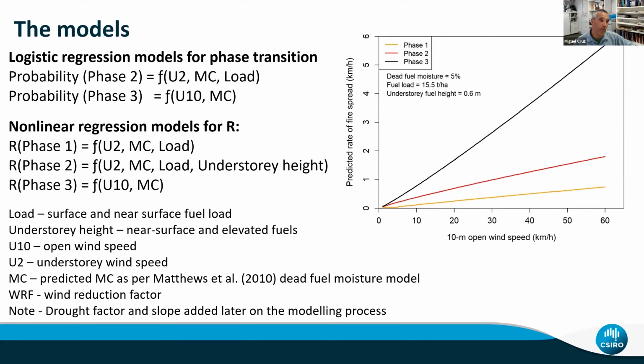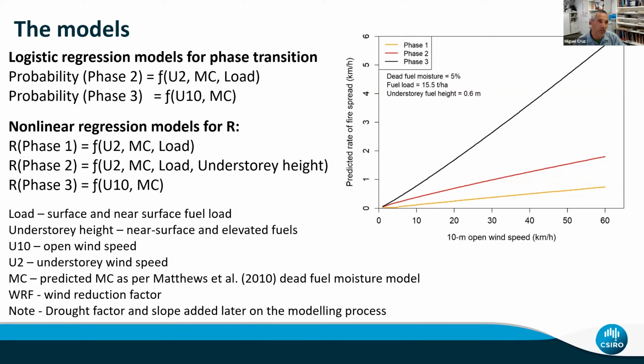Then the model for the probability that the fire is spreading in phase three, fast fires, is given solely by wind speed in the open, 10-meter open wind speed, and fuel moisture content. So these are the logistic linkage models for the regression analysis.